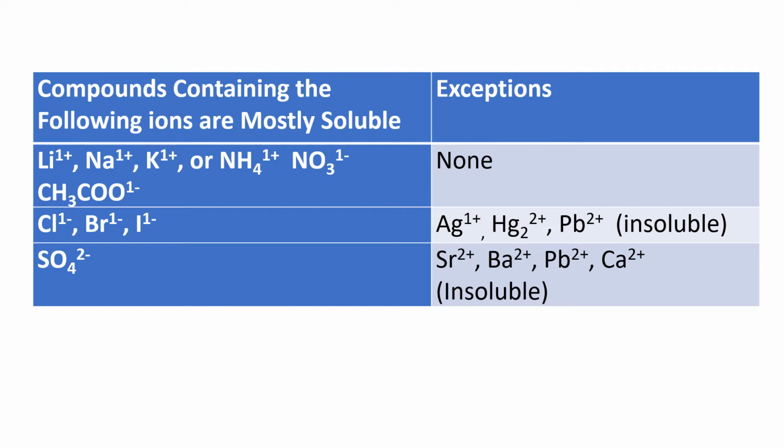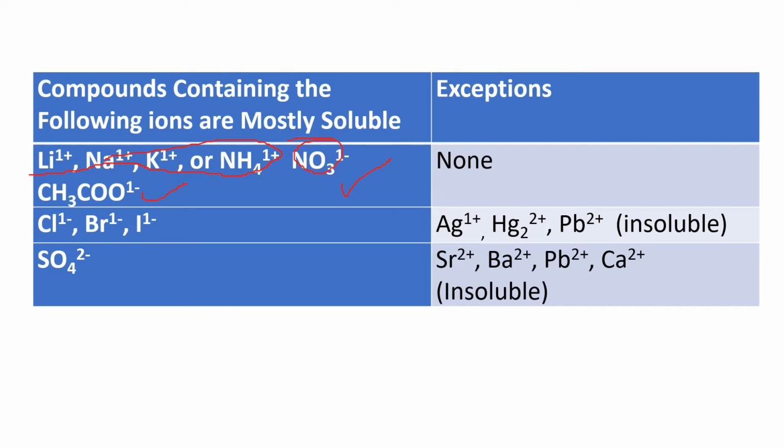Similarly, compounds containing the following ions are mostly soluble: lithium, sodium, potassium, ammonium, nitrate and acetate. Generally, they are soluble. The first four are cations and these two are anions.